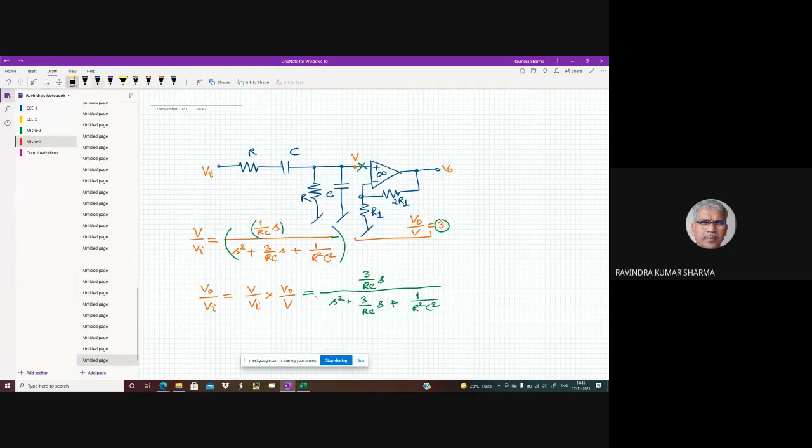Now I am going to connect the VO with VI, and when I do so, that means I am making VO equal to VI. Is that okay?